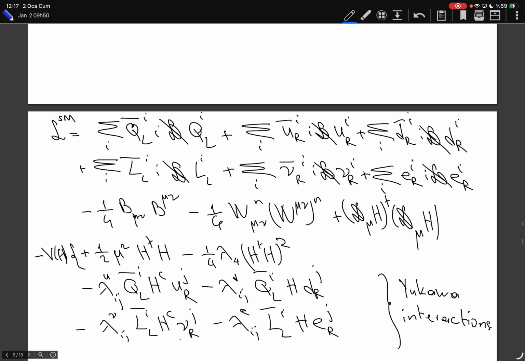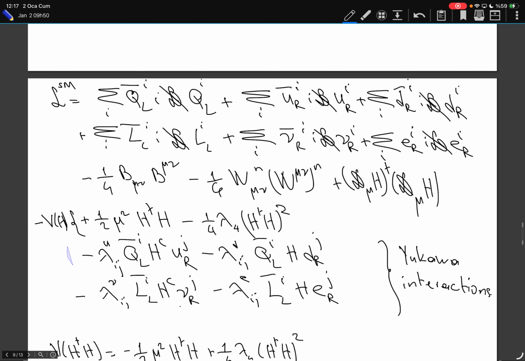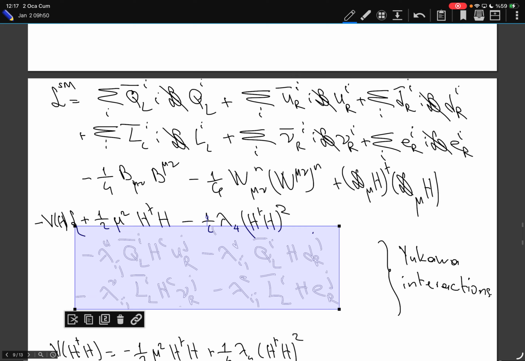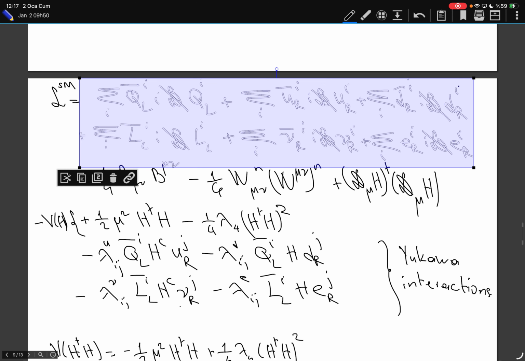The same thing will happen for the lepton sectors, basically just a copy of the quark sector. So the kinetic terms in terms of the new fields are identical to what they used to be before. The mass terms are now diagonal. That's why I chose these new bases. The mass terms are diagonal. The kinetic terms appearing in these two lines are diagonal.